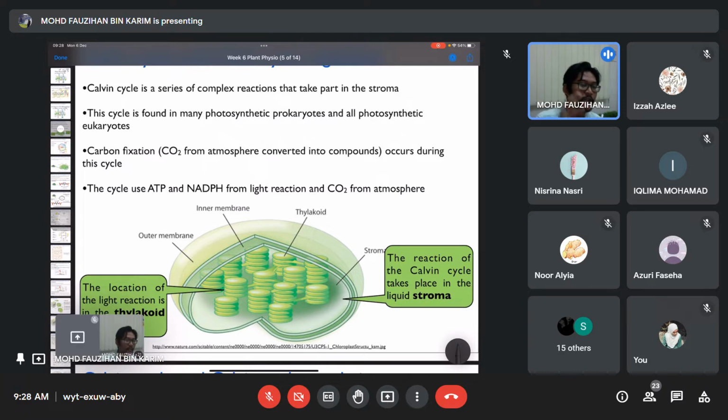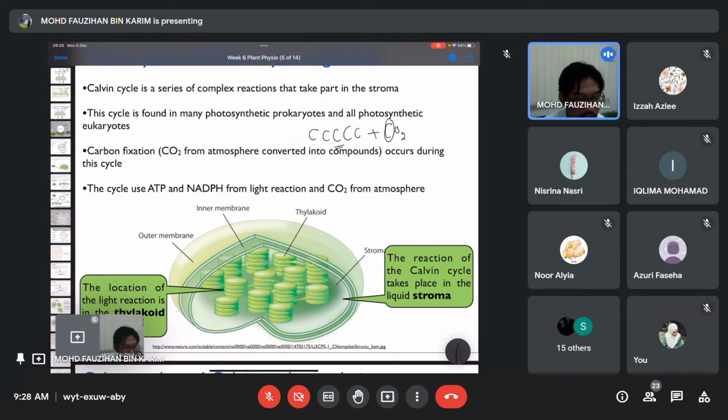For example, just after the carbon dioxide is fixed, we go for the next reaction. Let's say there are 5 carbons. This is the original molecule, plus one molecule of carbon dioxide. This carbon will be used to finally form glucose, right?